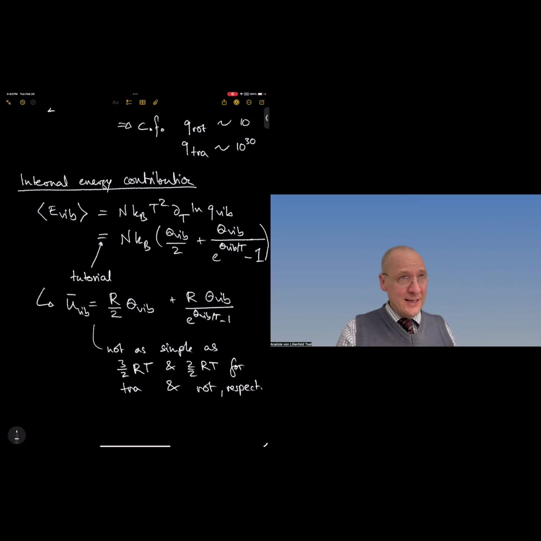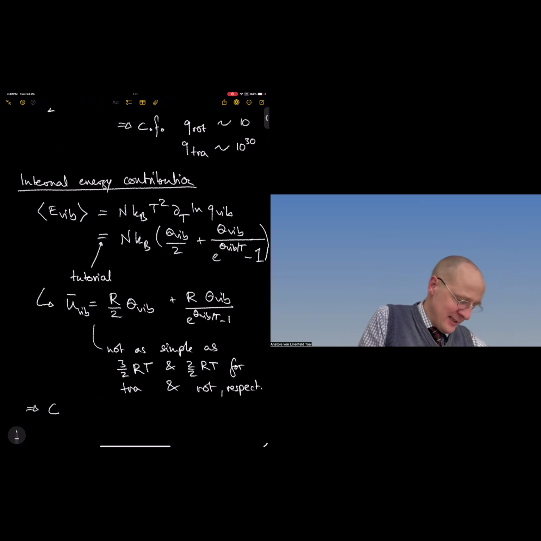So we do keep this, there is this vibrational internal degree of freedom, right? That stiffness of the bond is still present in your expression. So that doesn't go away. And this has consequences.